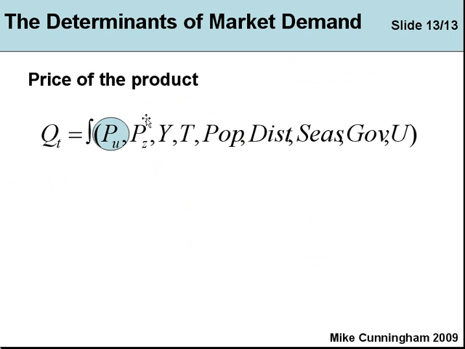But for the moment, what we're talking about here is that if one of these changes, it will change the position of the demand curve. A change in this one causes a movement along the curve. So a change in PU causes a movement along the demand curve.